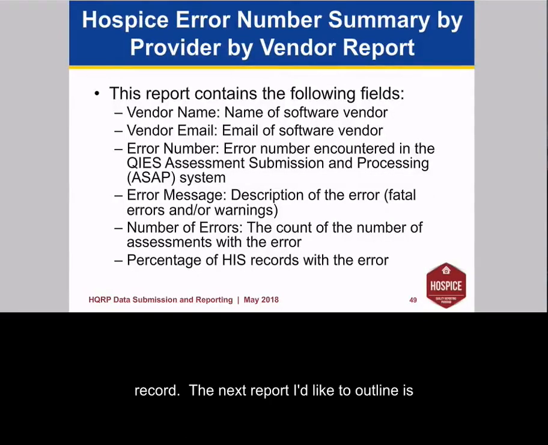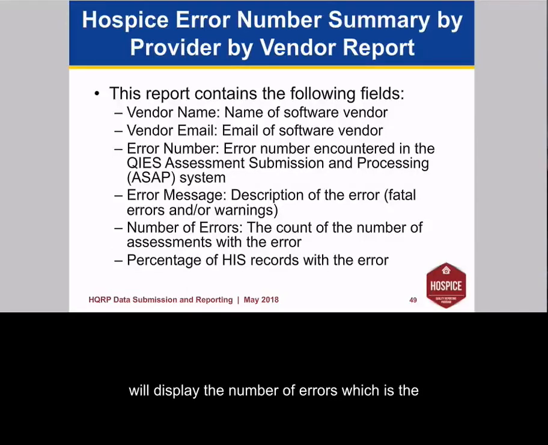The next report I'd like to outline is the Hospice Error Number Summary by Provider by Vendor report. This report summarizes errors encountered in HIS records submitted by or on behalf of the provider during a specified time period. The report contains the vendor name, which is the name of the software vendor, the vendor email address, the error number, which is the error number encountered in the iQIES ASAP system, the error message, which is the description of the error, and the error message descriptions will display for fatal errors and/or warning messages.